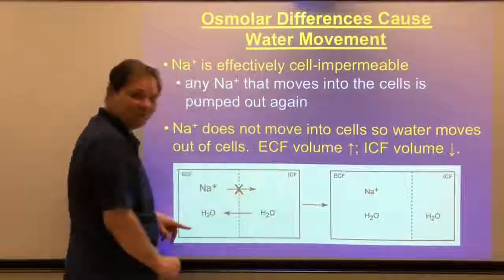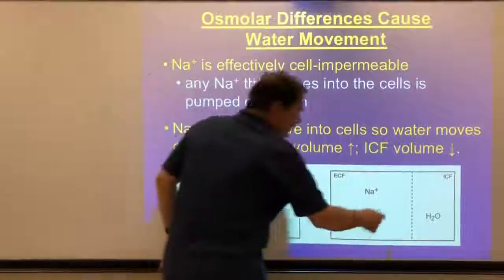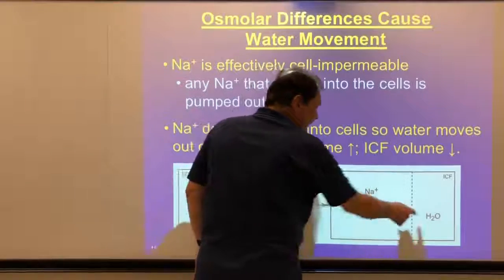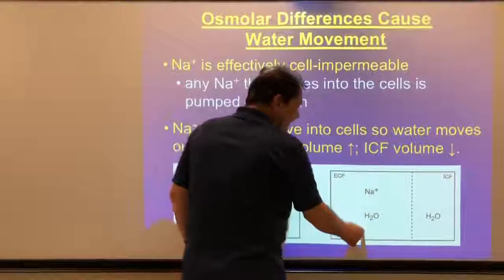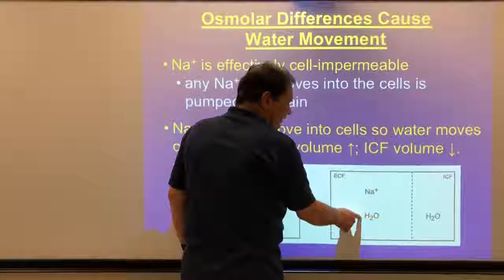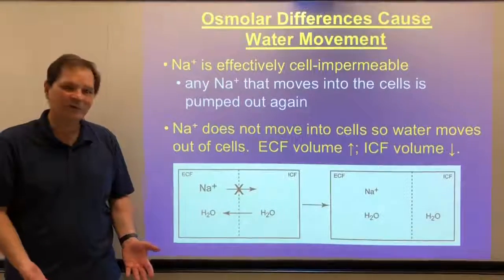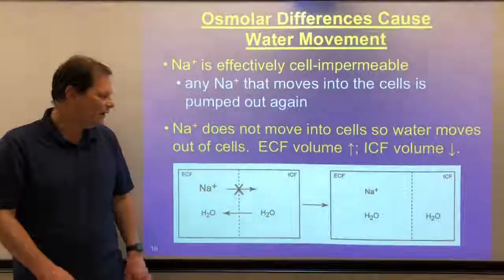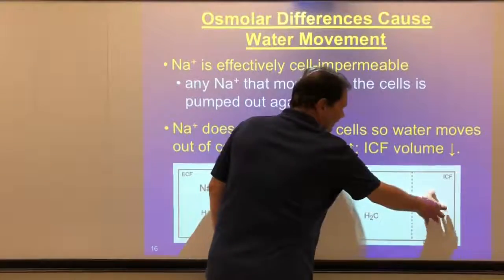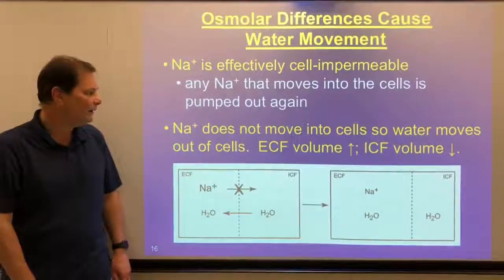The sodium can't move to correct that gradient, so water will. Water moves out of the cell from inside to outside. It dilutes the sodium and the other particles in the extracellular fluid until the osmolarity is equal on both sides. And so what you get is less intracellular fluid: cell shrinkage is what's happened.